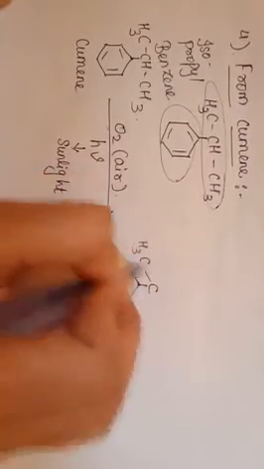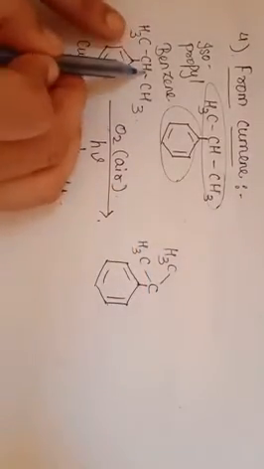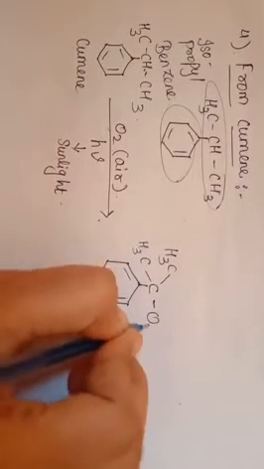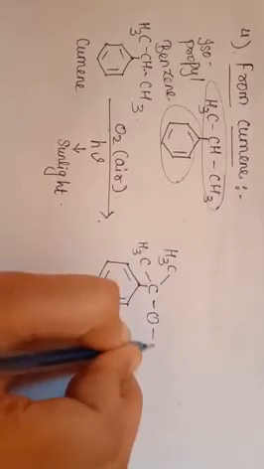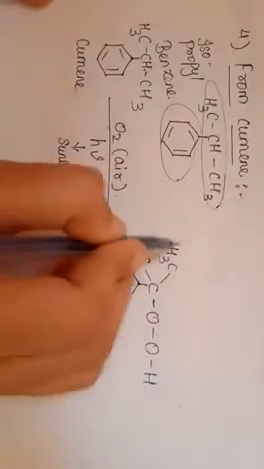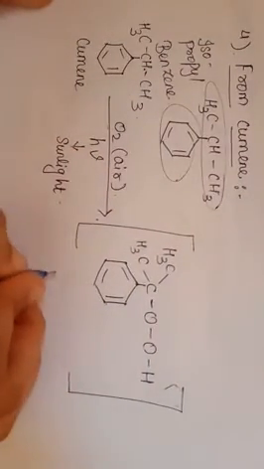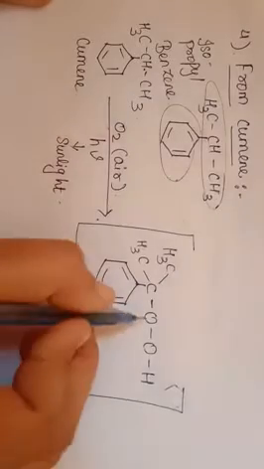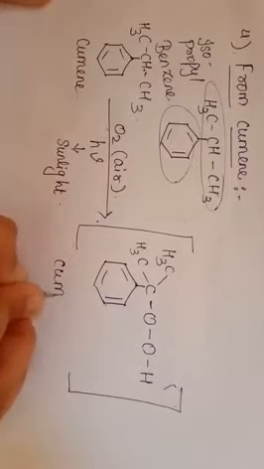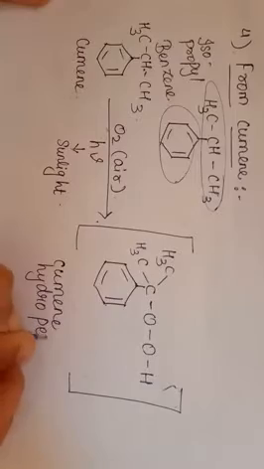I'll write this isopropyl group like this. Now this H is replaced with two oxygen in between, and again this H will join here. So this is the intermediate formed here, which is known as cumene hydroperoxide. This is our peroxide bond.